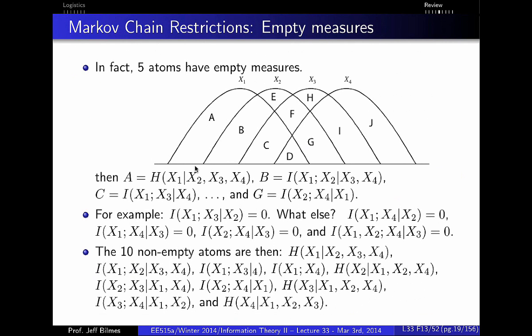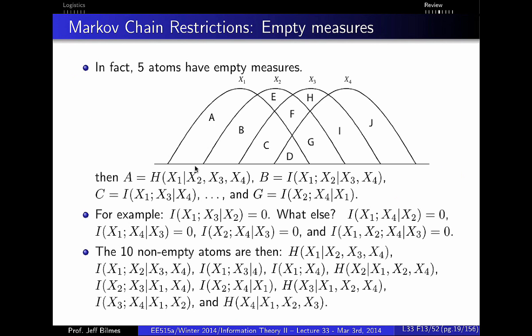The nice thing about the Markov chain is that any center variable renders anything to the left and anything to the right independent, which basically means the left and the right are non-intersecting. So when we condition on x2, or subtract away x2, anything less than x2 and anything greater than x2 shouldn't intersect. And so you can perfectly represent the information with mountain pictures.